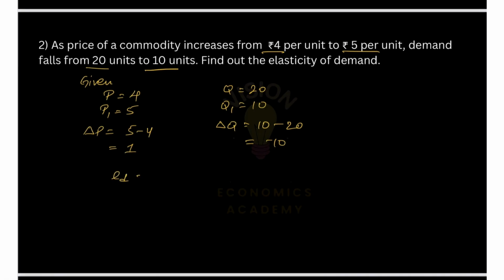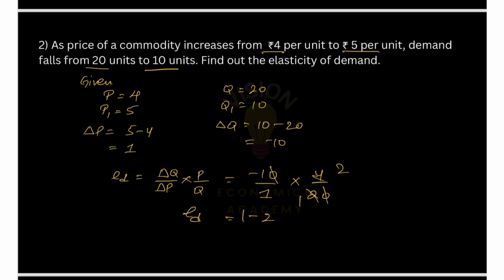So putting the formula now, change in Q by change in P into P by Q. So change in quantity is minus 10, change in price is 1, into initial price 4 and initial quantity 20. The zeros get cancelled, 2 ones are 2, so minus 2. Elasticity of demand is modulus minus 2, which is 2.